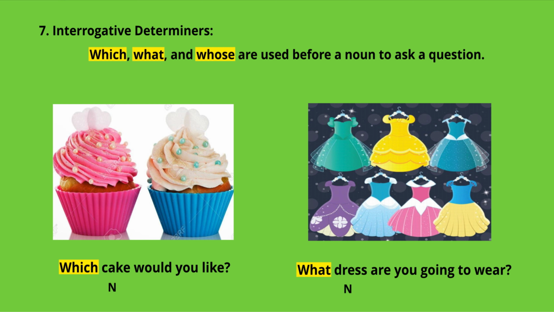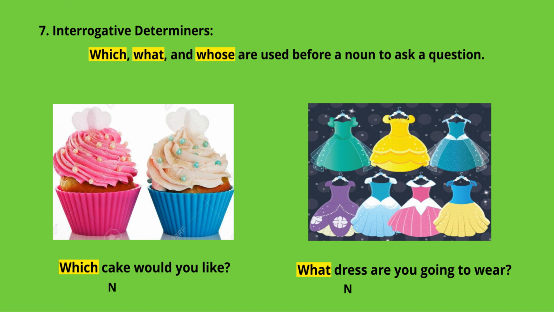So what is the noun in that sentence? Cake. By placing "which," you're asking a question. So it is an interrogative sentence because you're asking a question. And "which" would be the interrogative determiner.